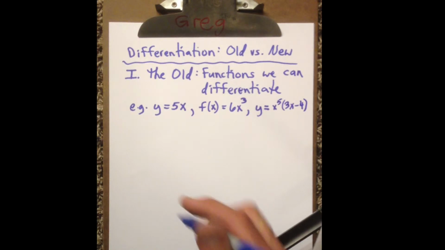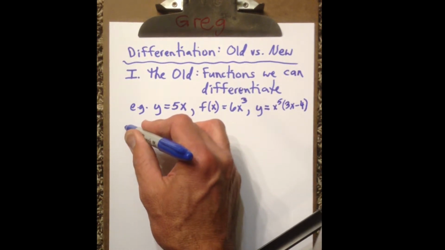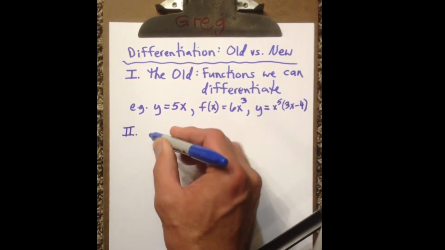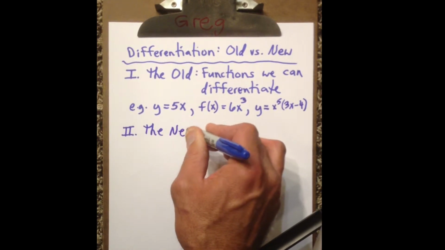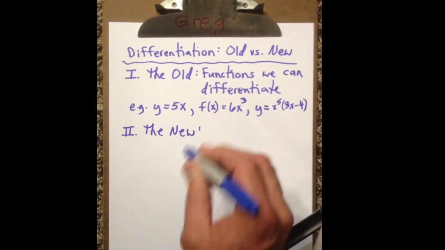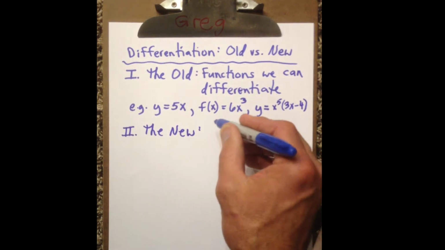And it wasn't too complicated once we got the hang of it, and it really was using power rule with some adjustments. What we'll look at today that's different is things that we cannot take the derivative of using just those techniques because they're a little more complicated. So we're going to call those the new, and we'll look at a couple of them. We'll do some practice problems, and then you'll have some of these for homework. So we'll call this the new.